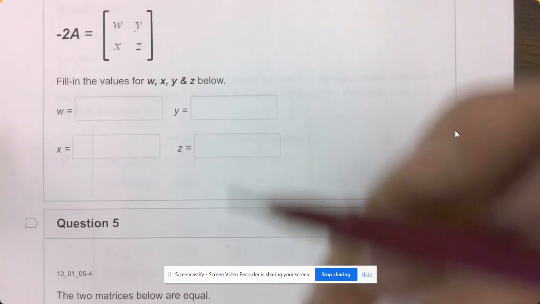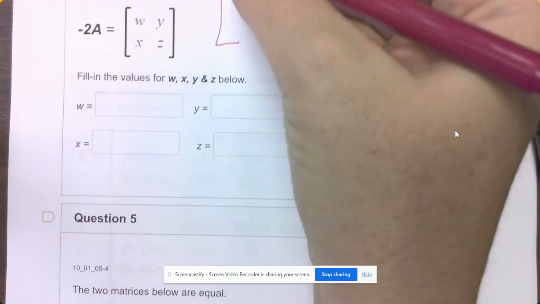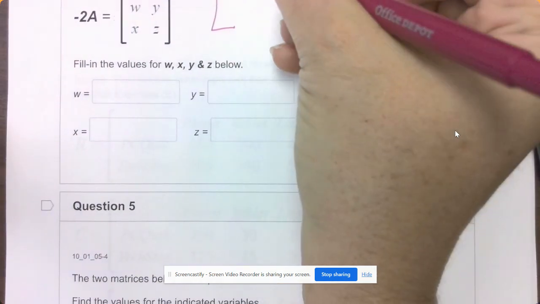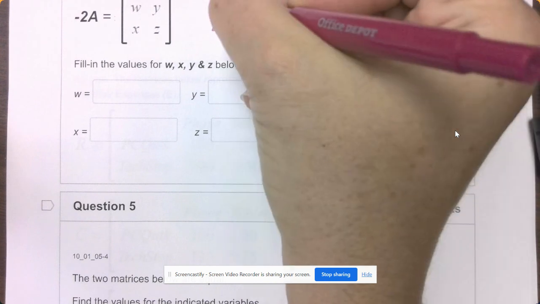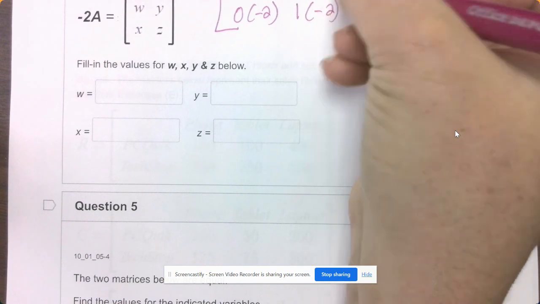Okay, on the next one, it says multiply the matrix. We're going to multiply it by -2, everybody. That means we're going to multiply all of them by -2. So -1 times -2, 2 times -2, 0 times -2, 1 times -2.